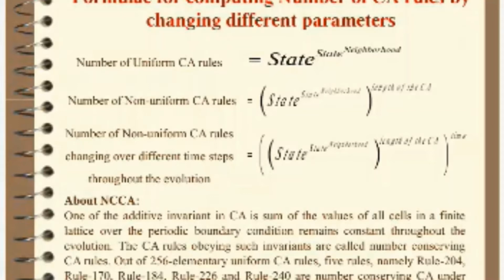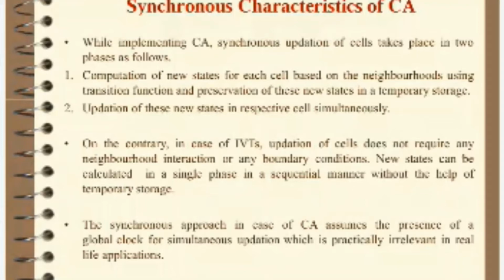So in uniform CA there are 5 uniform elementary CA. These are 204, 170, 184, 226 and 240, and all have been defined over periodic boundary condition.